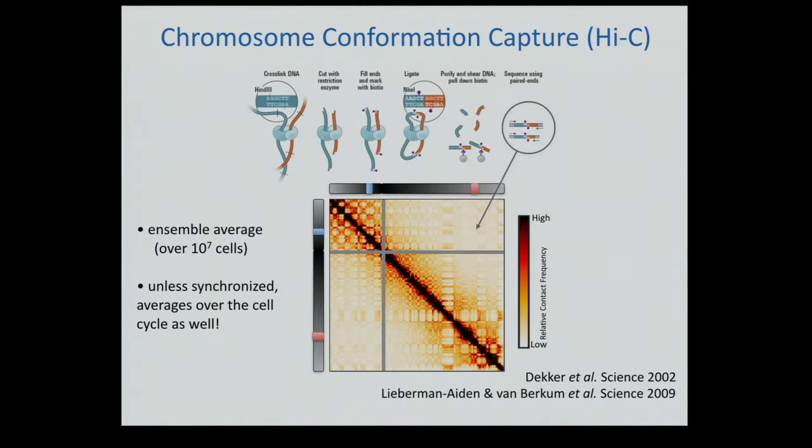Each paired-end sequence gives you a pair of interactions present in at least one of the cells in the population. And it's usually averaged over millions of cells. These are the maps that have been produced since 2009, and they reveal a number of interesting features of the genome.